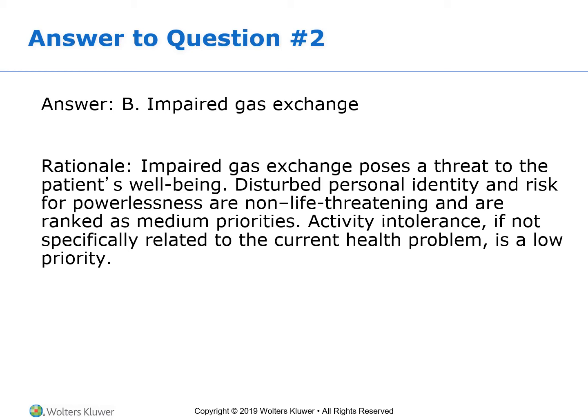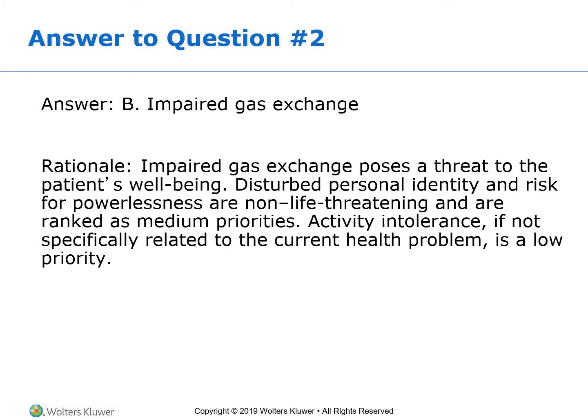And remember, I said that the high priority diagnosis is going to pose a threat to the patient's well-being. A medium priority diagnosis would be non-life threatening, and low priority would not necessarily be related to the patient's current health status.